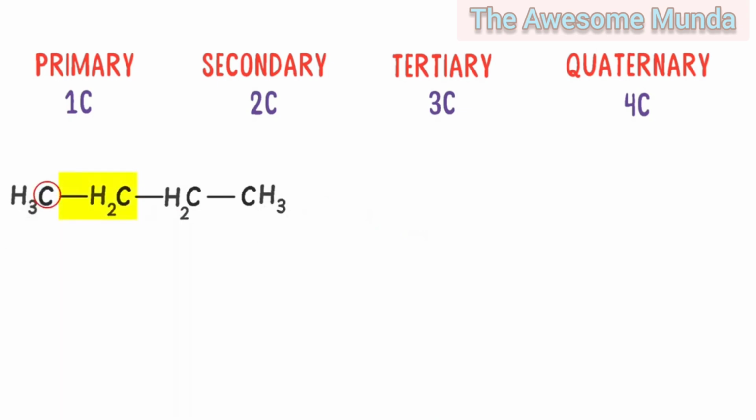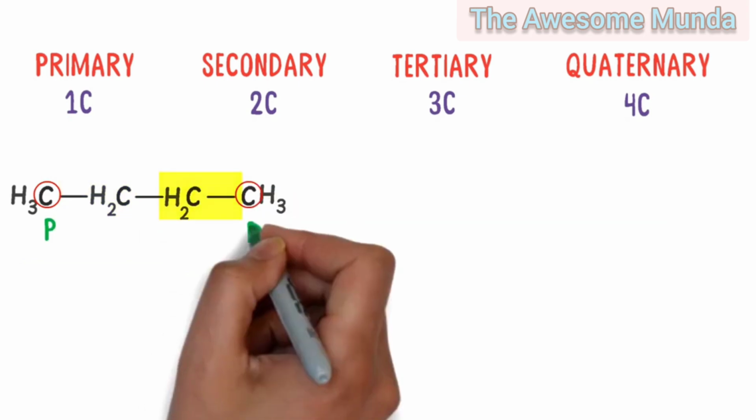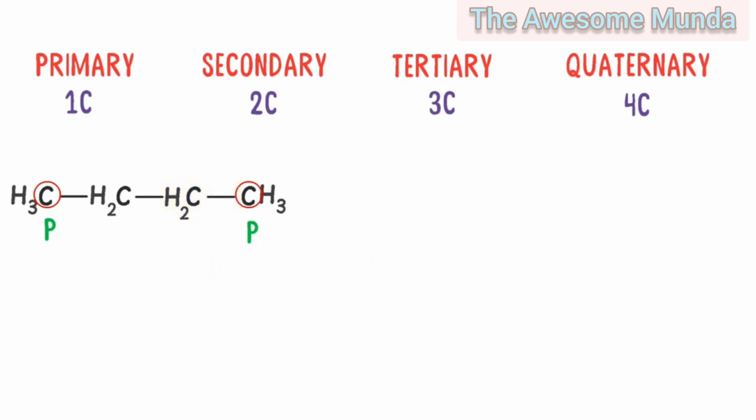This carbon is bonded to one carbon, so it is a primary carbon. Also, this carbon is bonded to one carbon, so it is a primary carbon. Secondly, this carbon is bonded to 2 other carbons, so it is a secondary carbon. Also, this carbon is bonded to 2 other carbons, so it is a secondary carbon.